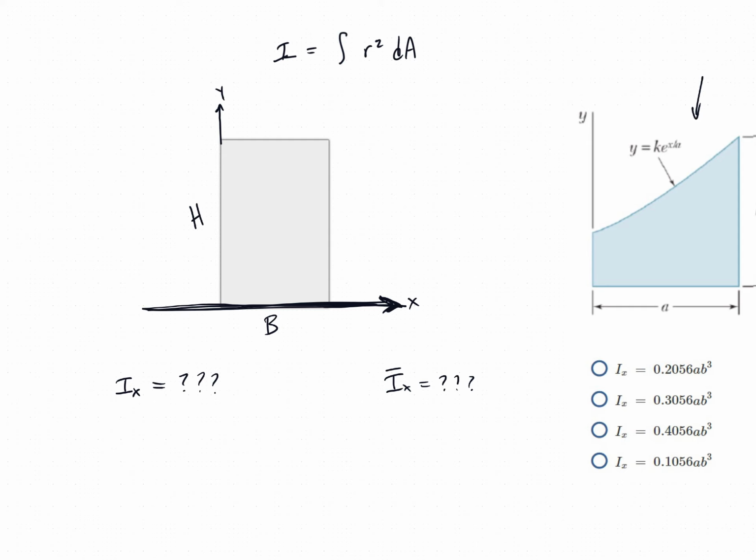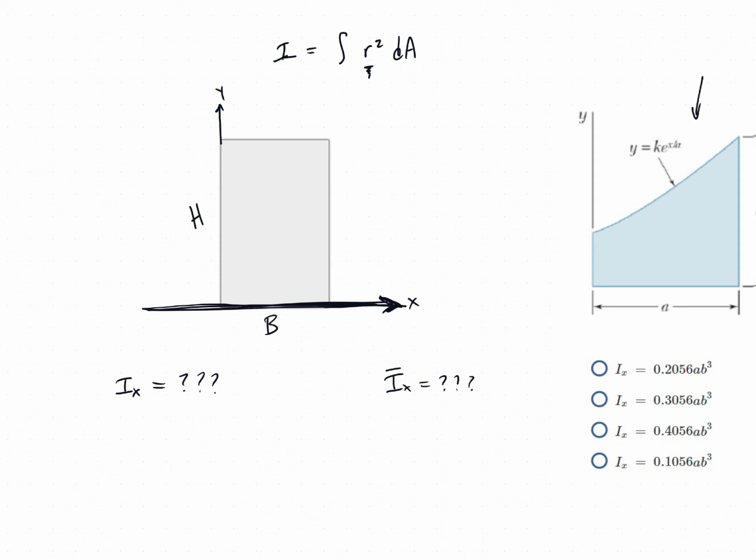Basically, for all the little areas in this whole thing, we're going to add up their r squared. So what that means to me is that I want to find small areas that have the same r squared. To find small areas that have the same radius, I'm going to create a little tiny box.